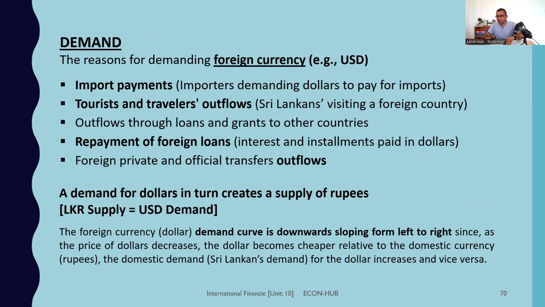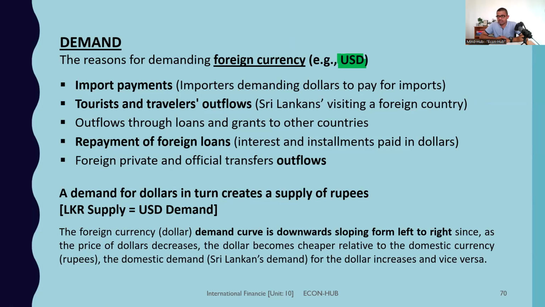Demand side factors are basically, for import payments, we need to pay in dollars. I've taken the US dollar as an example of foreign currencies. To pay for imports, we need US dollars.